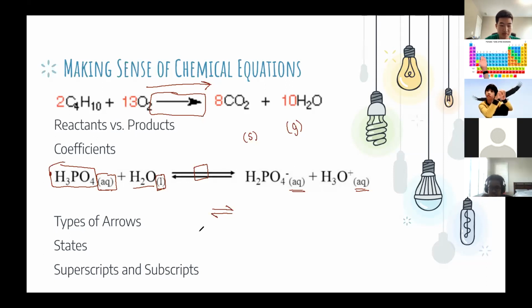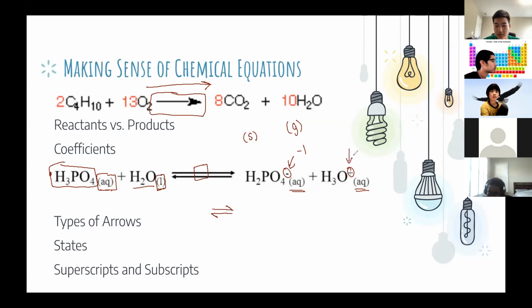And so for superscripts and subscripts, you see superscripts here. The only things that you'll ever see in superscripts are some sort of description about the charge of the compound. In here, just a single minus sign means that this has a -1 charge. So -1 and minus mean the same thing.